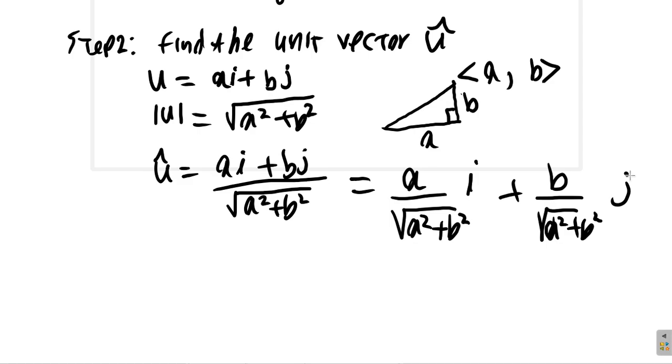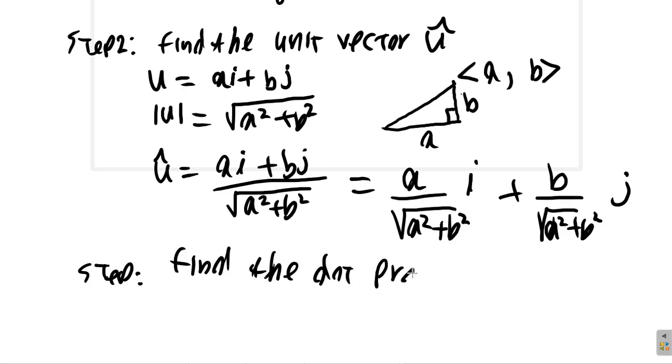And then, after that, step 3, you find the dot product, the gradient vector dot the unit vector, right?